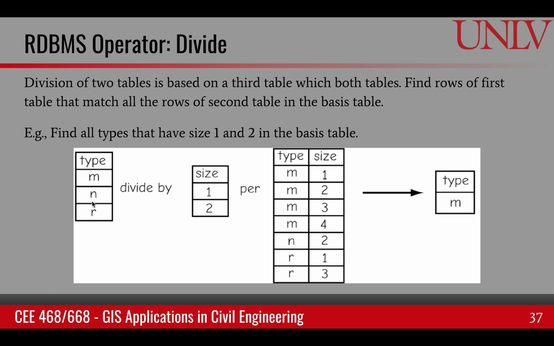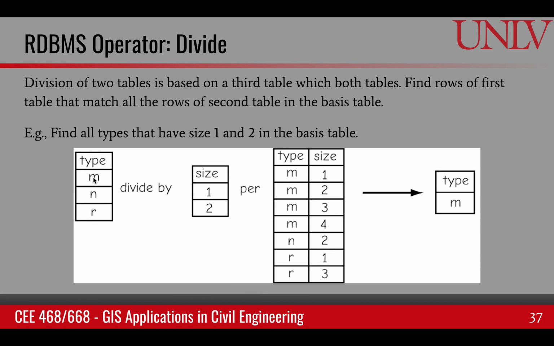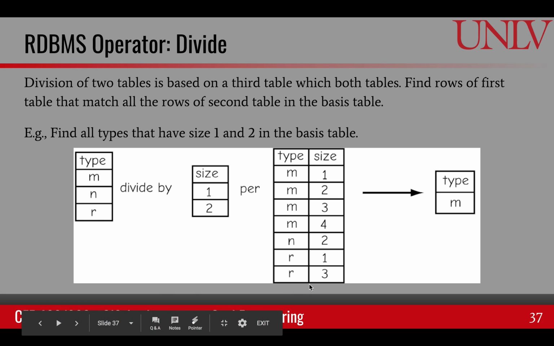So divide A divided by B based upon this table. So if this was, let's say, states and these were ethnicities, then our division process is trying to find all the states that have these ethnicities in this table.